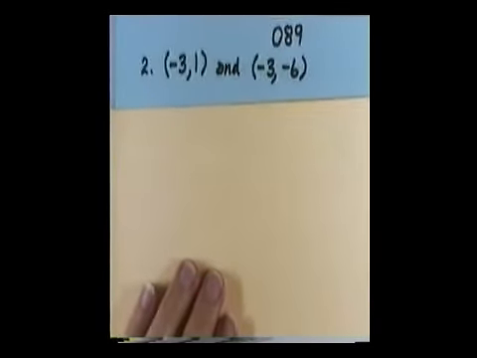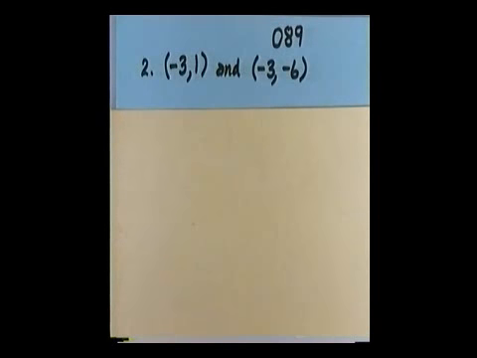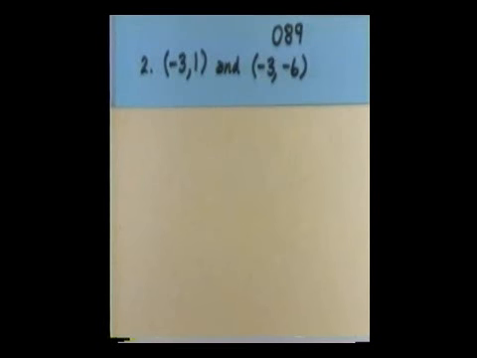Let's look at another example. Our points this time are (-3, 1) and (-3, -6). Once again, let's label the values so that we'll know where to fill them into our equation.